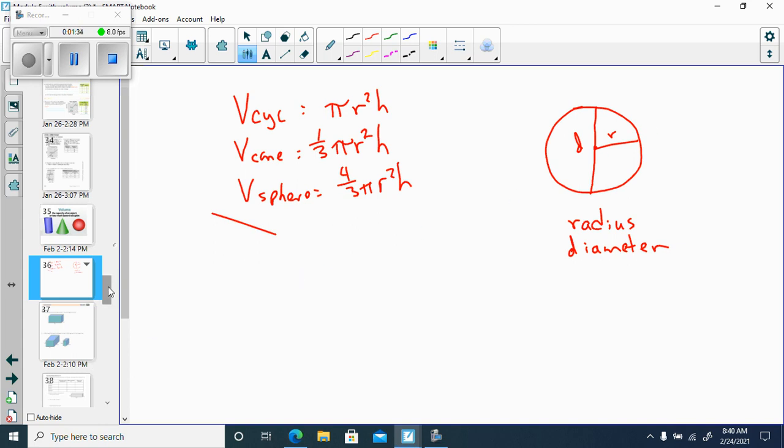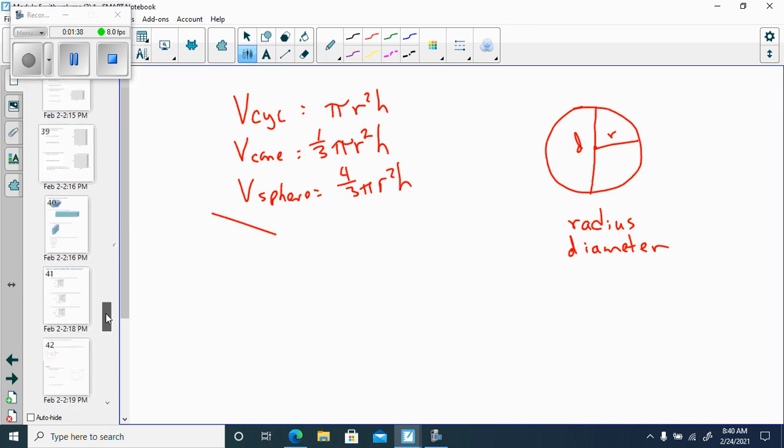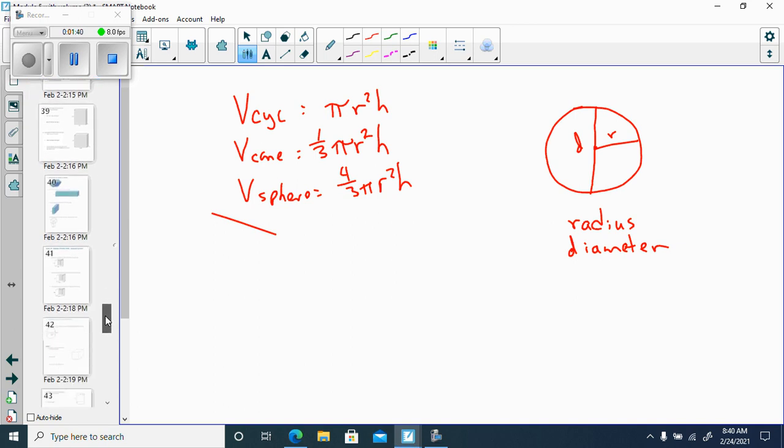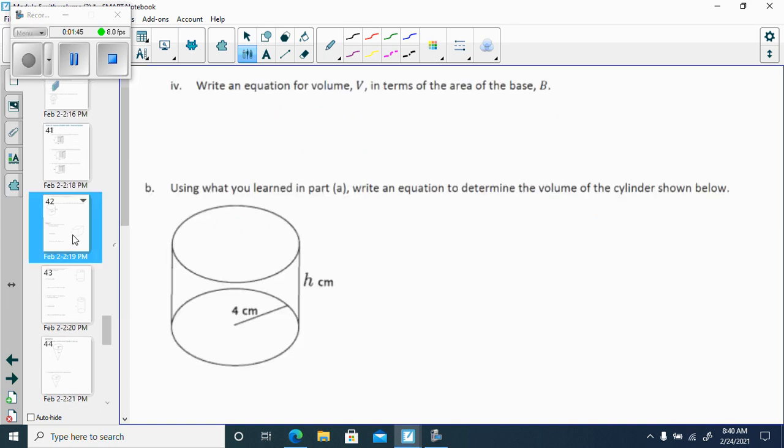Now, first we need to go through and make sure you understand where this term came from. We'll start with doing the volume of a cylinder. Let's start right here. We're going to use what we learned in Part A. We're going to write an equation to determine the volume of the cylinder.